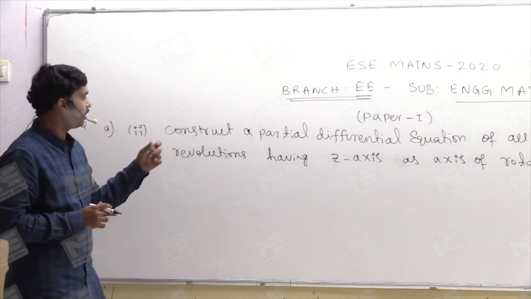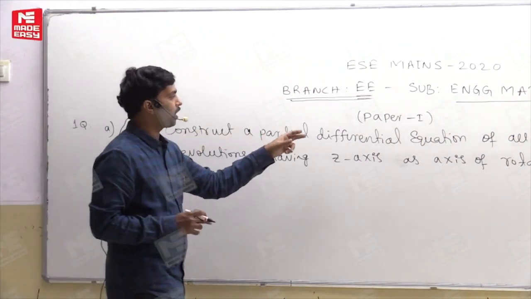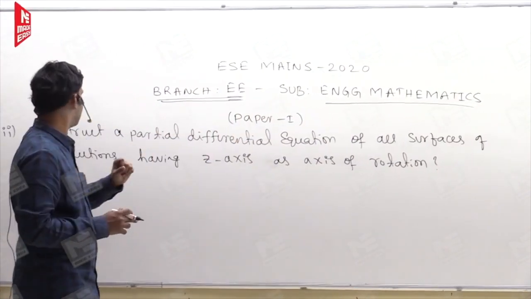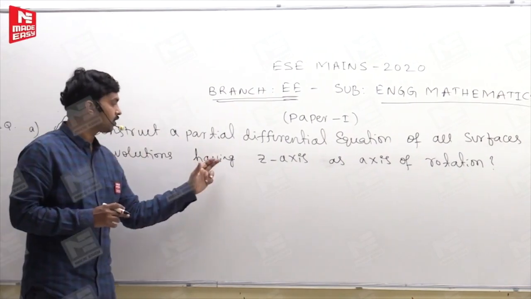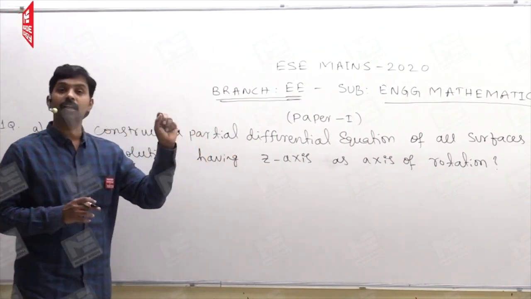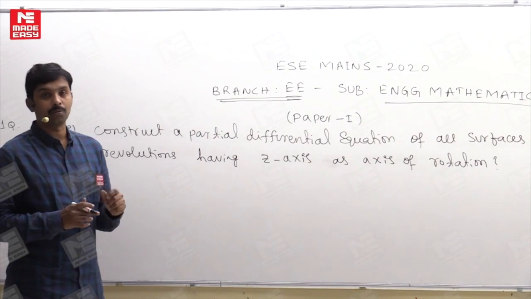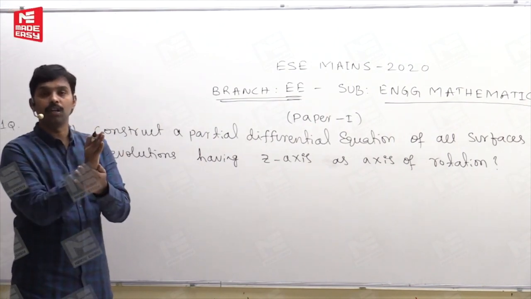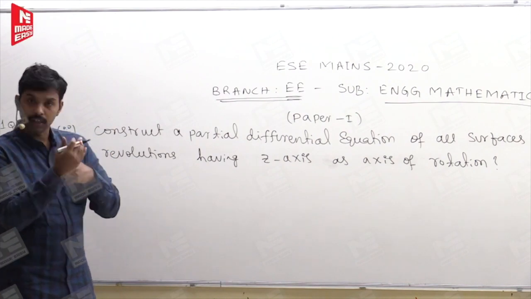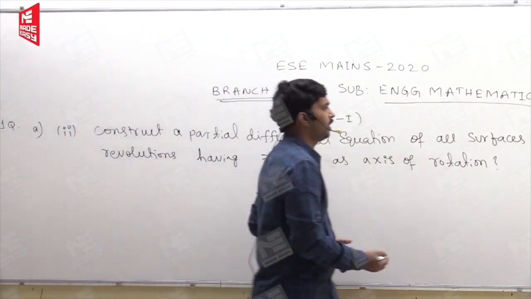But coming to this one, construct a partial differential equation of all surfaces of revolution having the z-axis as the axis of rotation. That means the surface formed by a curve which is rotated. Suppose I just say like this, see here.